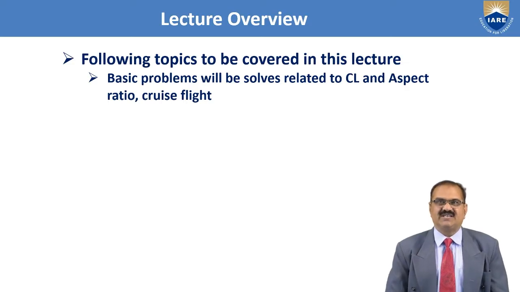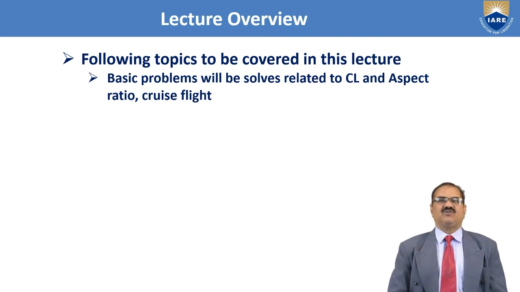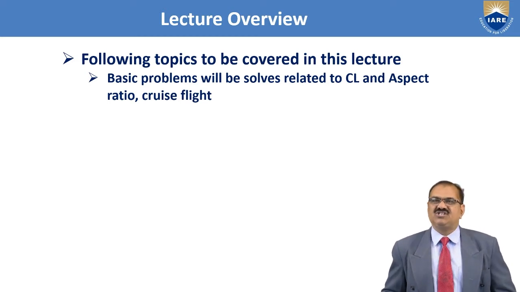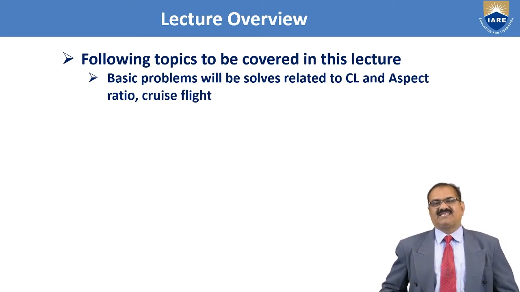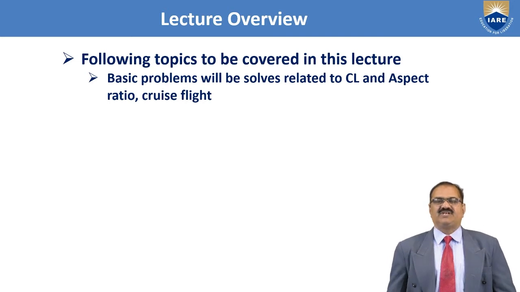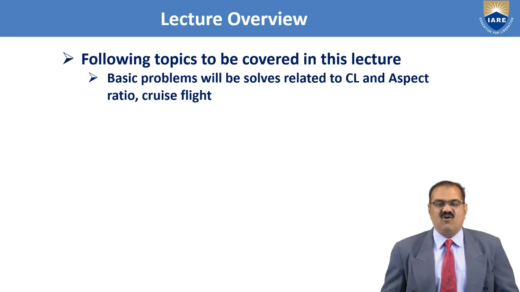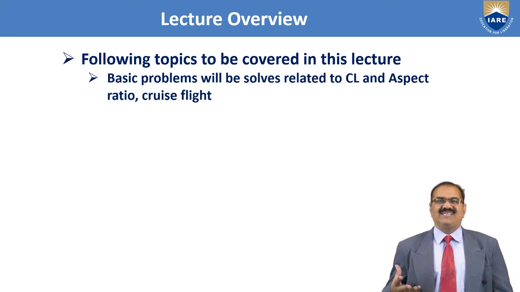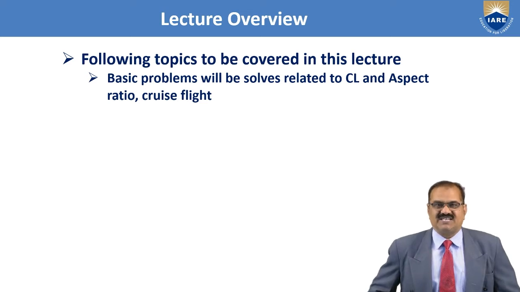So, in this lecture, the following topics will be covered. Basic problems will be solved related to coefficient of lift and aspect ratio in cruise flight. In the previous lecture, that is tutorial number 1, I discussed some very simple and basic problems related to aircraft longitudinal static stability and how we can say that an aircraft is longitudinally statically stable.